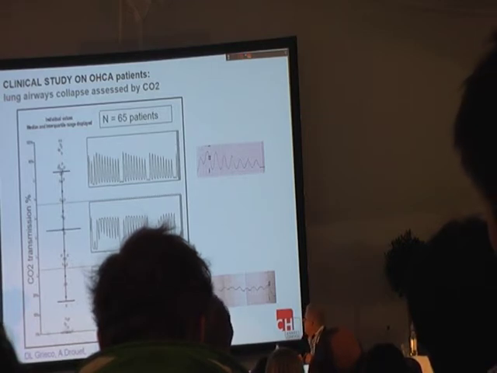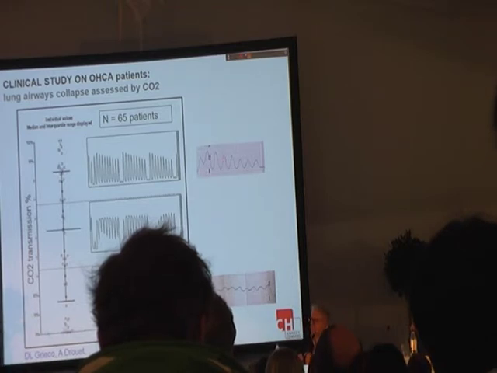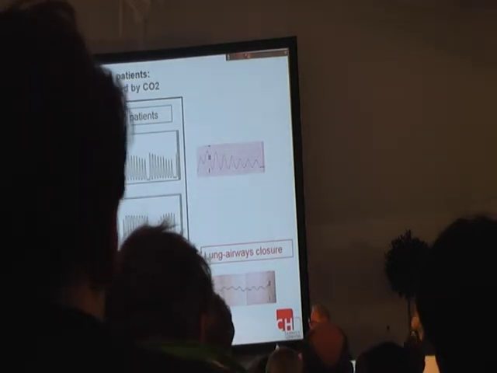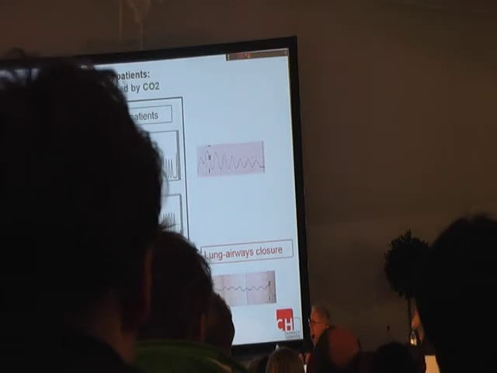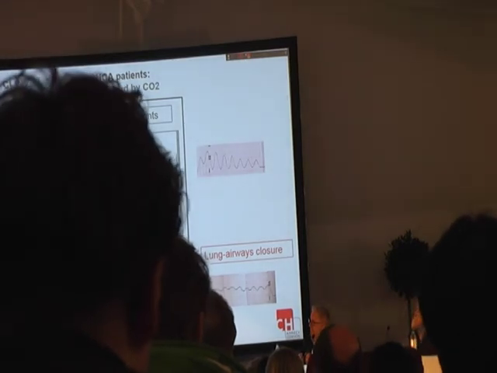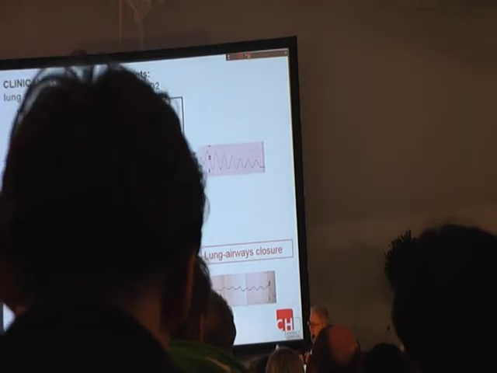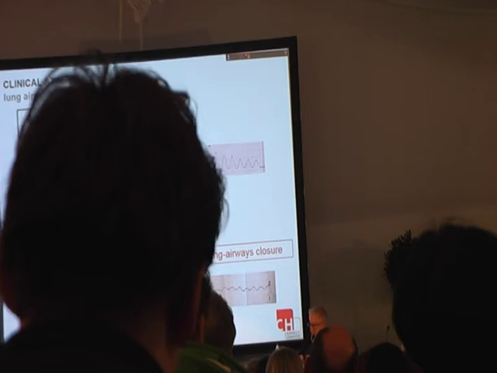This is another tracing done by the scope of the ventilator, and interestingly, in this series of patients, almost 30% of patients with out-of-hospital cardiac arrest had a PP and a CO2 suggesting a complete lung airway closure that may impair oxygenation as well as CO2 elimination, and that probably suggests that we need some additional ventilation.